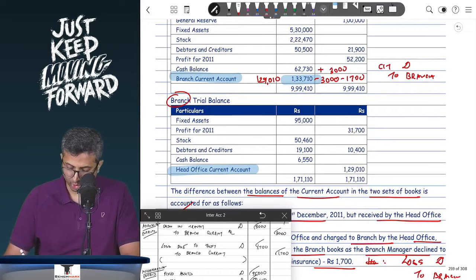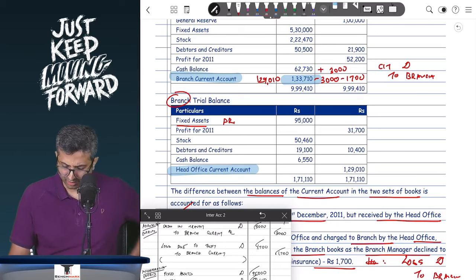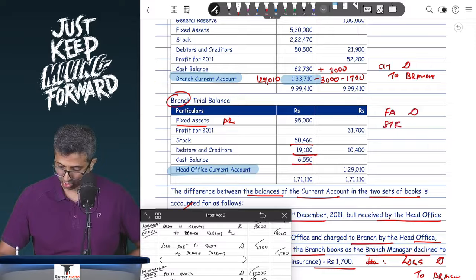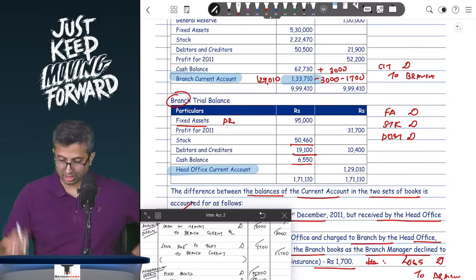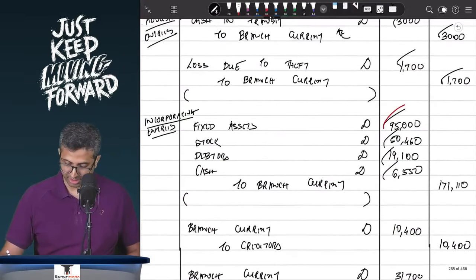Now you'll have to take over. So over here, how will you take over? A fixed asset has a debit balance. If you want to take over, you will have to credit it. So this is in the books of the HO. You will take all of these accounts: fixed assets, stock, debtors, cash. If I have to take over, my entry ideally will be fixed asset account debit, stock account debit, debtors account debit, cash debit.